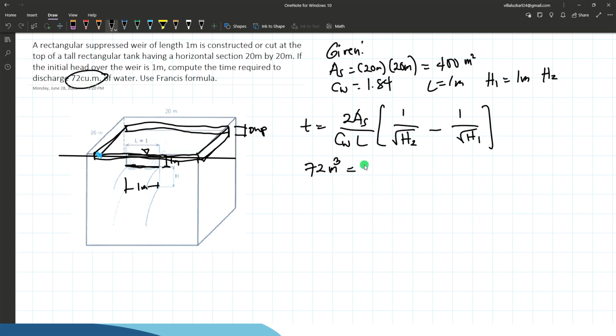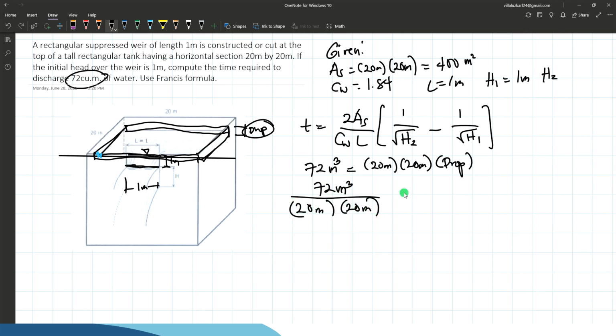To compute the volume, we have a surface area of 20 by 20 and just multiply by the drop level. So 72 cubic meters divided by 20 by 20, that's your drop.